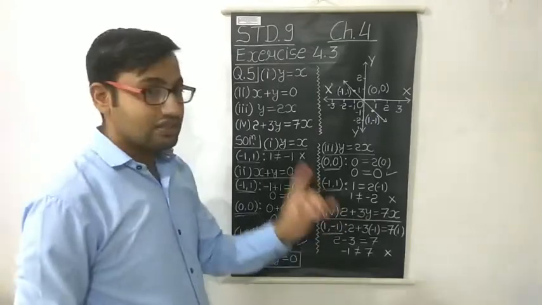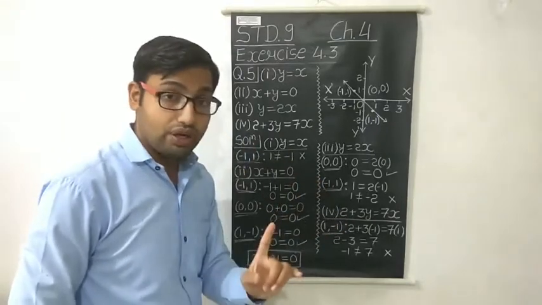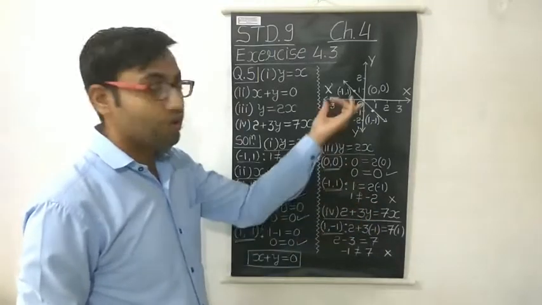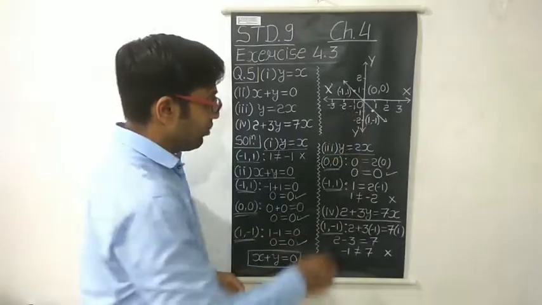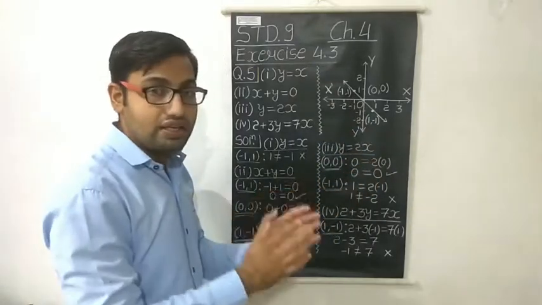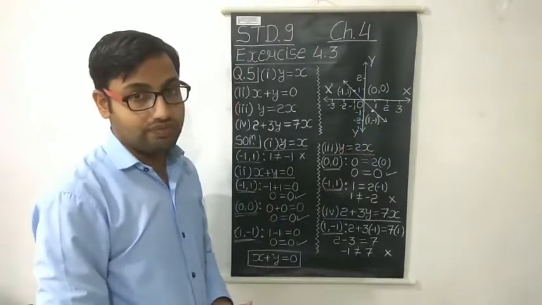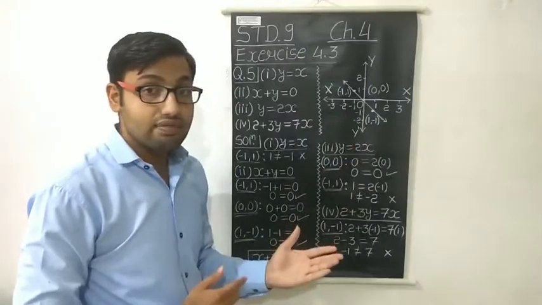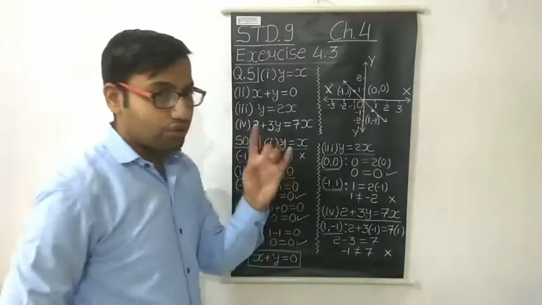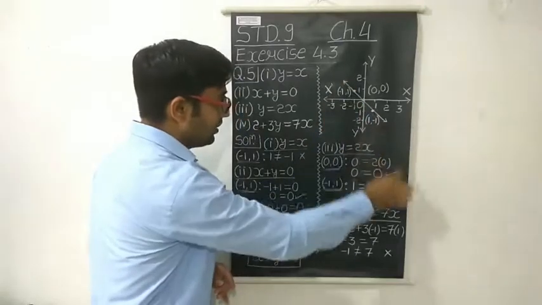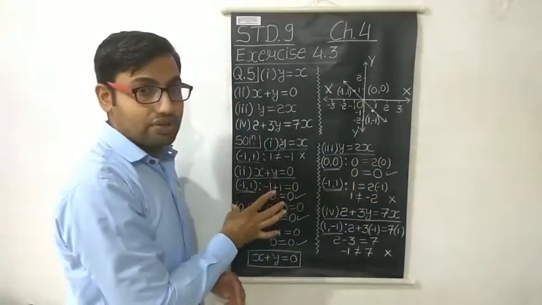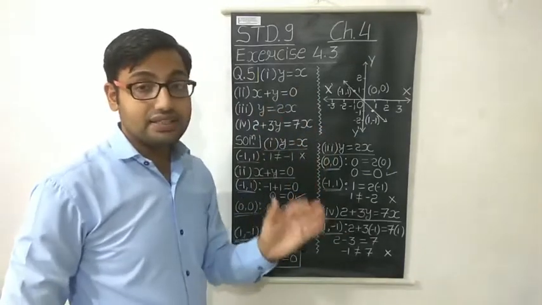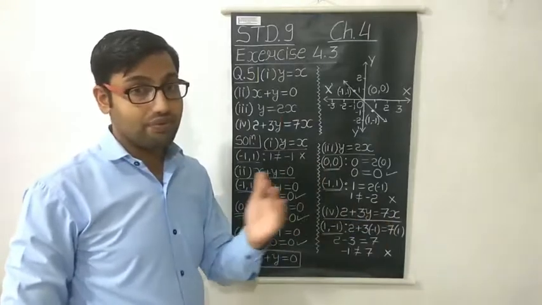That is why, as I have said earlier, if any one point cannot satisfy the linear equation, that means this point is not a solution of this linear equation, then we cannot say that this graph is of this linear equation. Yes, the one point we have checked will satisfy this equation. Why? Because there is only one point, the origin, that is common in this linear equation and this linear equation, because from one point infinitely many lines can pass through, that we have already studied in chapter number 5.